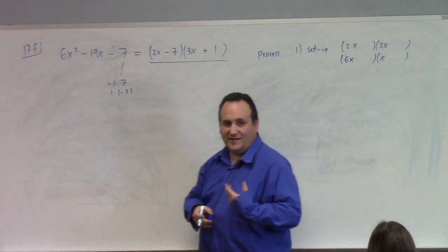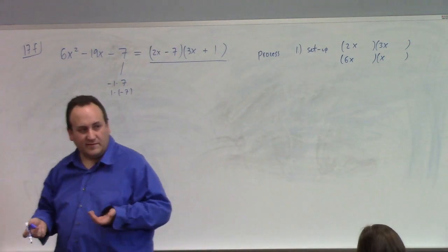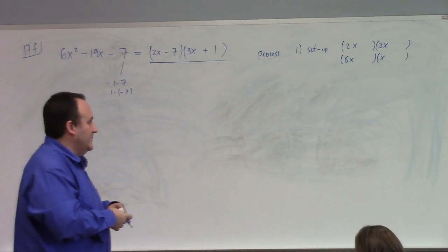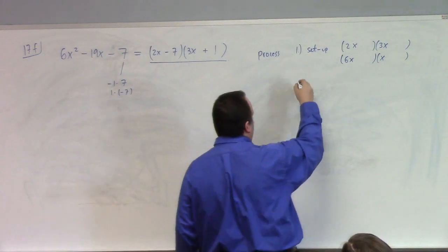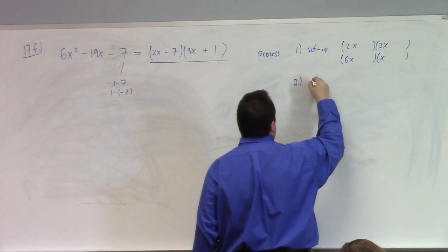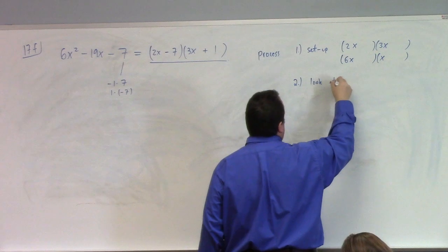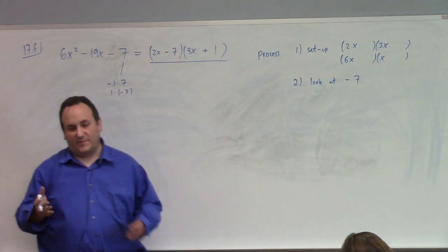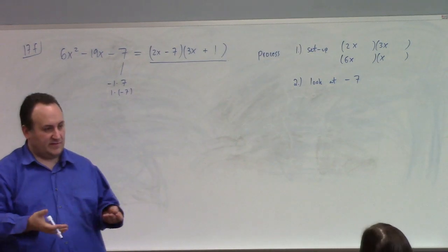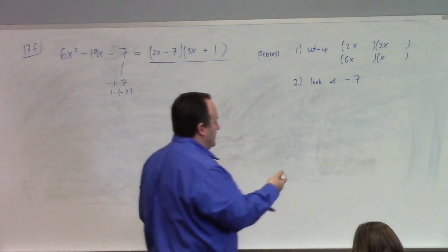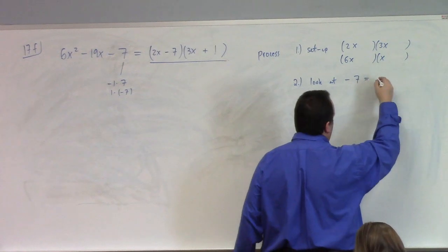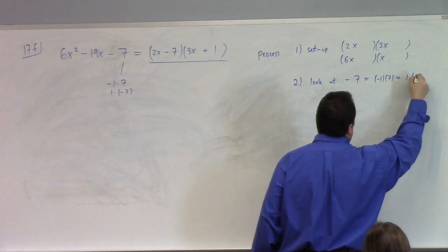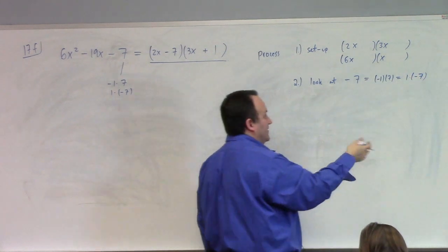But I hope for the 2 and the 3 to work. If the 2 and 3 fails, then I fall back on the 6 and 1. Okay, this is set up the thing. And then number 2, you look at the constant and you ask, how can that be factored in terms of integers? Well, it's prime, right? So it's either minus 1 times 7, or it's 1 times minus 7. So they're kind of it for your choices.